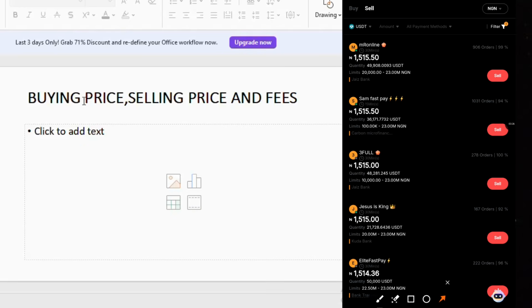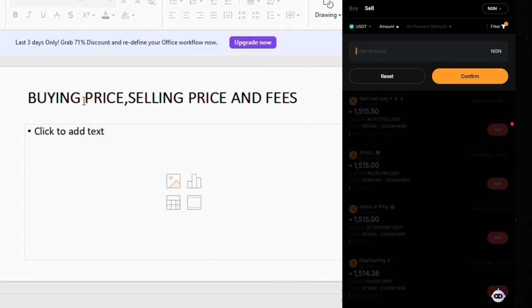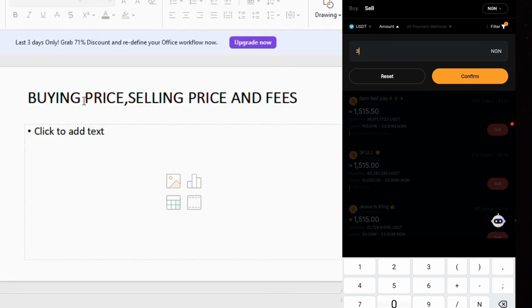If you are trading with 1 million, I recommend that you come to this area where you find amount. On the sell side, come to amount and click on 30k. Put in 30,000. People ask, why did you put in 30,000? What is the use of this 30,000?